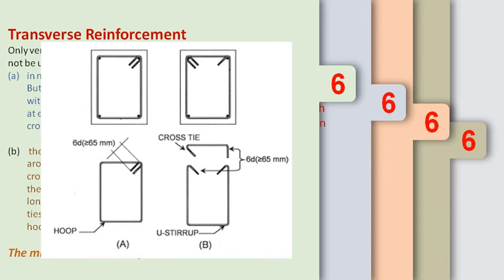In normal practice, a link is made of a single bent bar, but it may be made of two bars also, namely a U-link with 135-degree hook with an extension of 6 times diameter, but again that extension should not be less than 65 mm at each end, embedded in the core of concrete, and the cross tie like this.